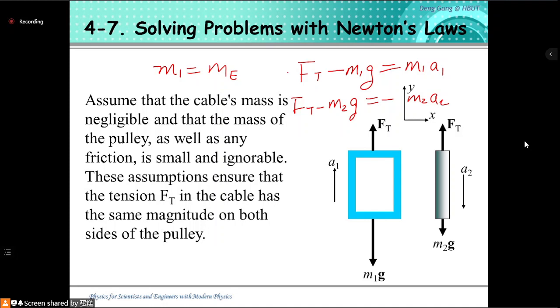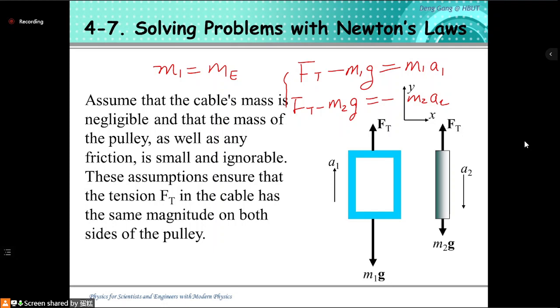Okay, there are two equations. We want to solve for Ft and a1, a2. There are three variables, but only two equations. It's not enough. So we need to find the relation between a1 and a2.